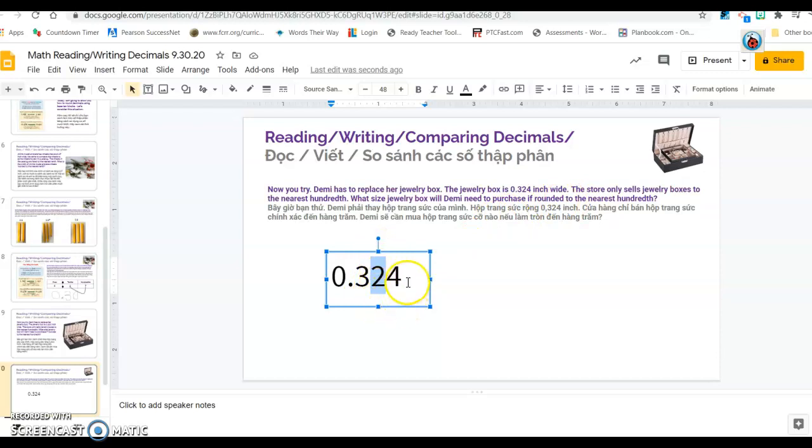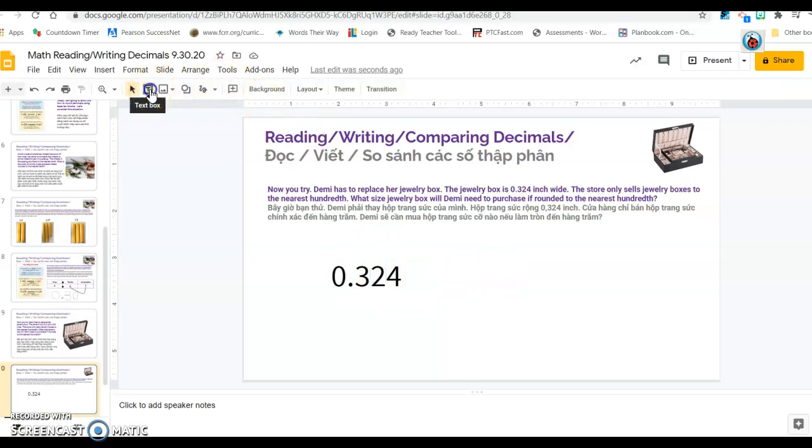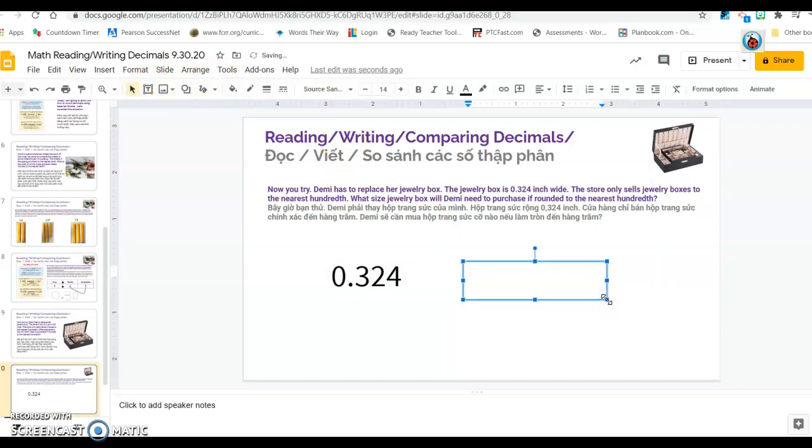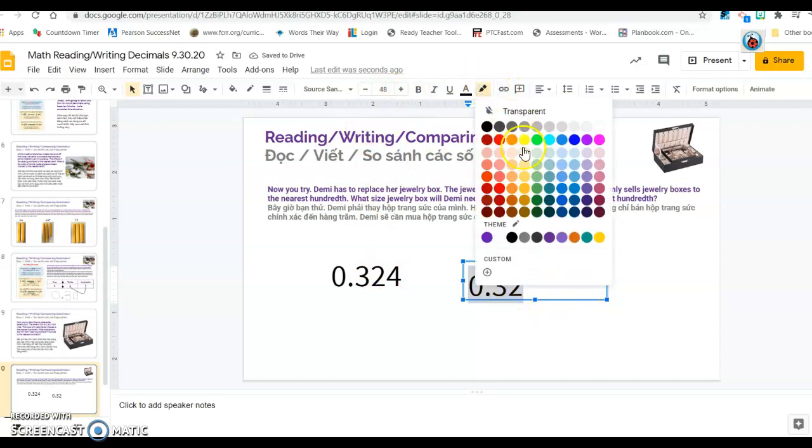We go to the neighbor behind. It's a 4. It's less than 5. So remember, if it's less than 5, we let it rest. So the answer to that question is 0 and 32 hundredths. And this is our answer.